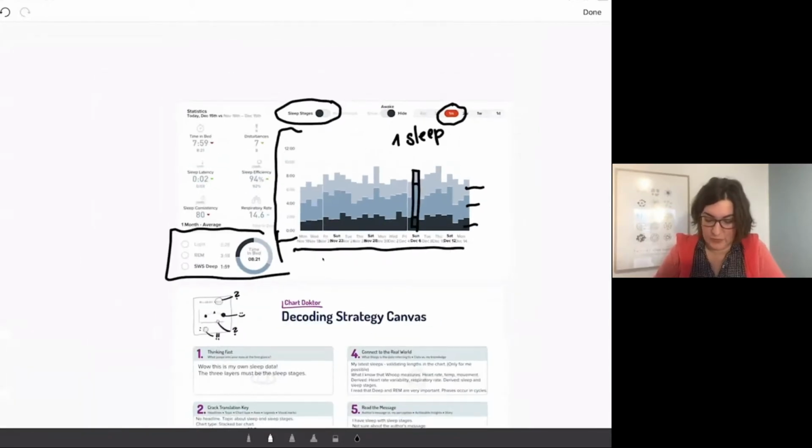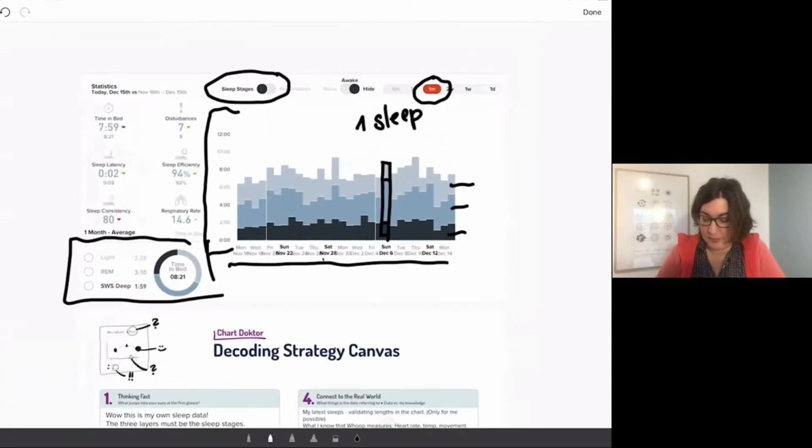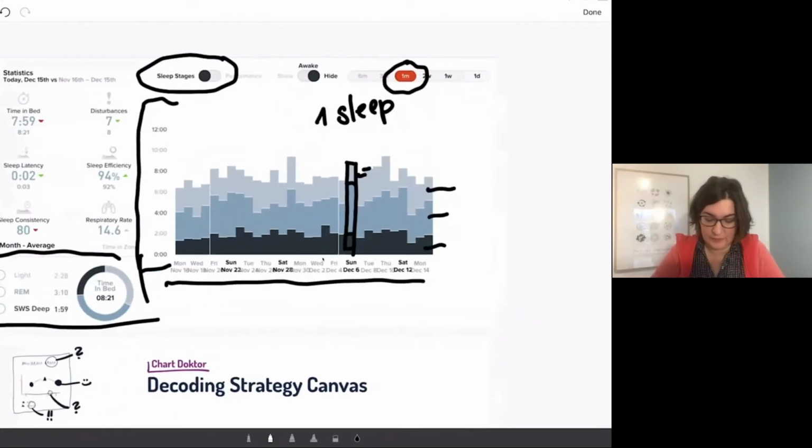Okay, so what can we compare here? What kind of relations can we see? So we cannot compare my sleep to the sleep of someone else or some benchmarking, but I can compare the sleep length of every night to the night before and after. I can see that last week I had some very nice long sleeps, and I can also remember I had them.